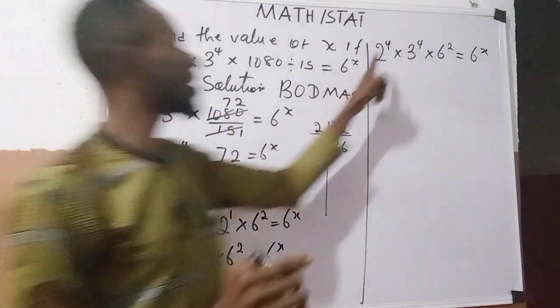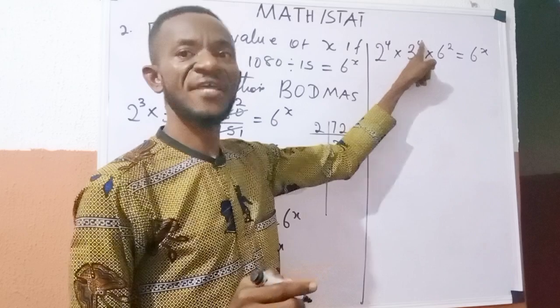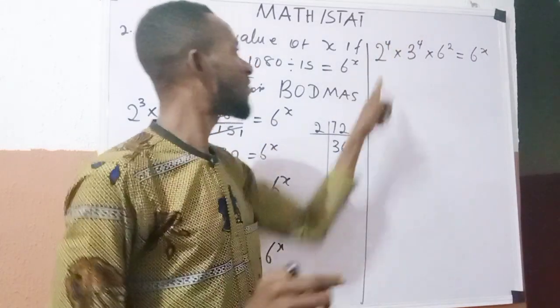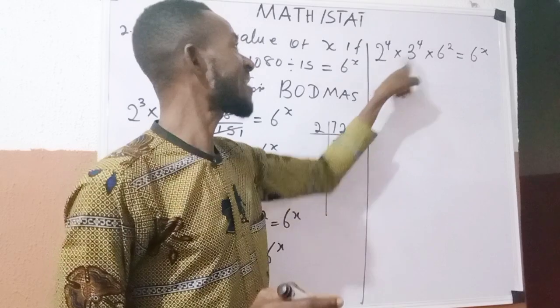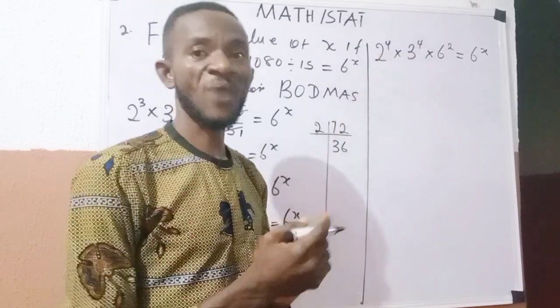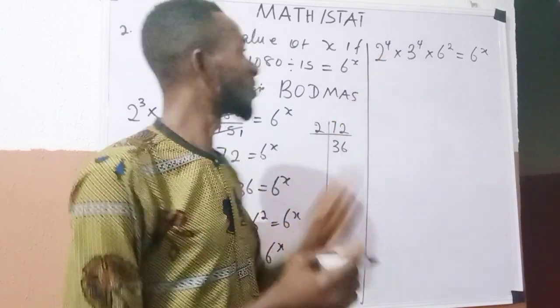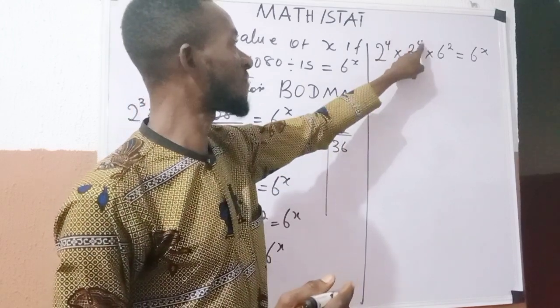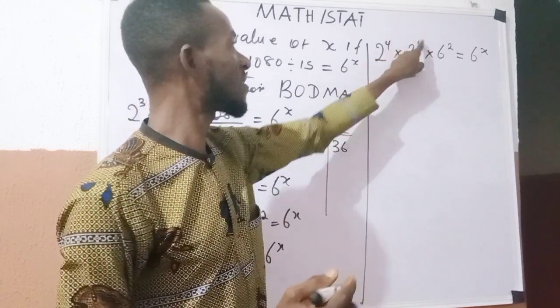At that point, what is the power here for? Whenever the powers are the same for 2 numbers, we can take the product of those numbers and raise it to the power of 4. So if you have 2 raised to power 4 times 3 raised to power 4, the power here is 4, the power here is 4.